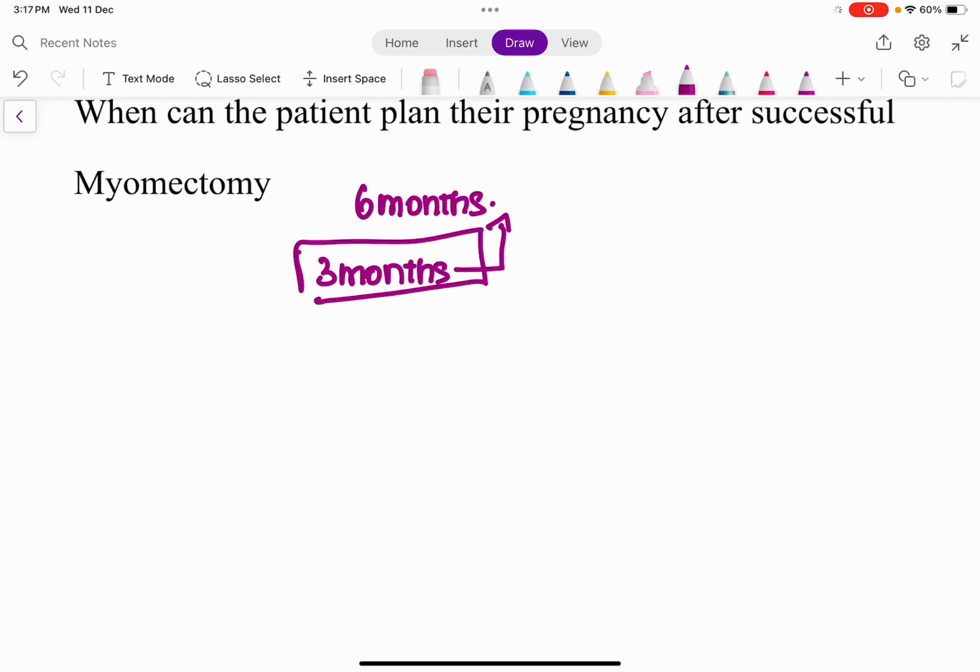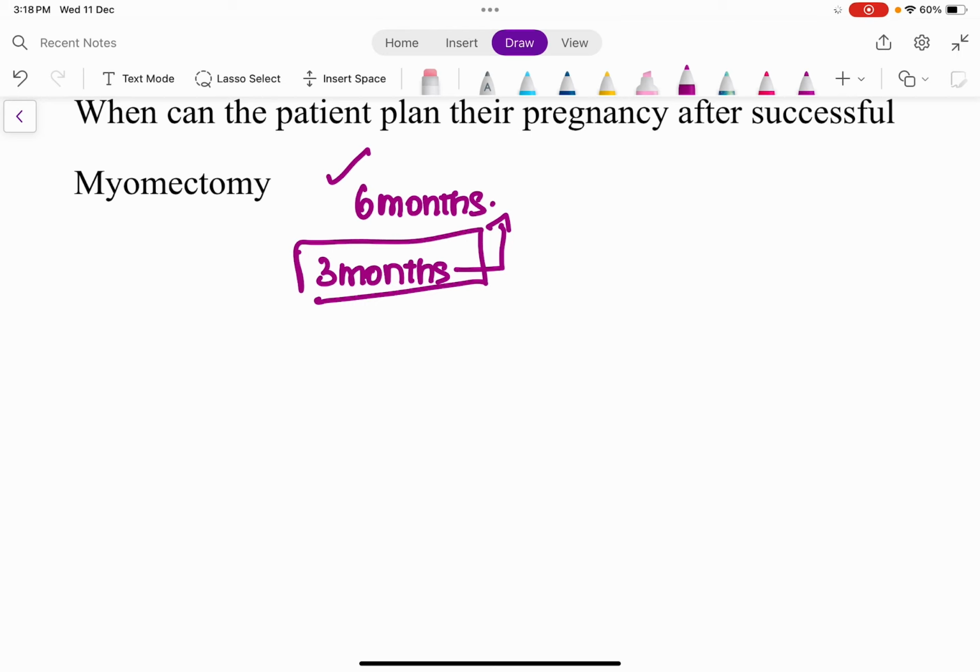This is very important. After the procedure, only after 3 months the patient should start planning for their pregnancy, but the ideal time is around 6 months after myomectomy. So if the question is when can the patient plan their pregnancy after successful myomectomy, the ideal answer would be 6 months after the myomectomy procedure.